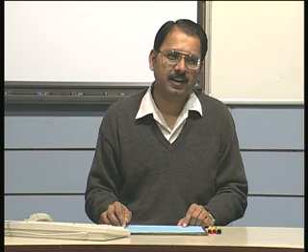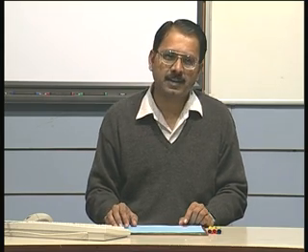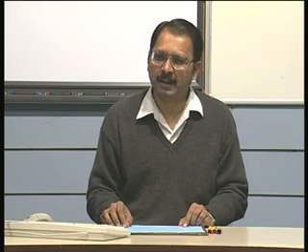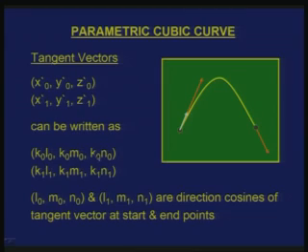If somebody gives me 2 direction cosines, I can calculate the third one. So if I give the starting and end point and only the direction cosines, I do not have all the 12 values to solve for those 12 algebraic equations. That is why you also associate magnitude here.